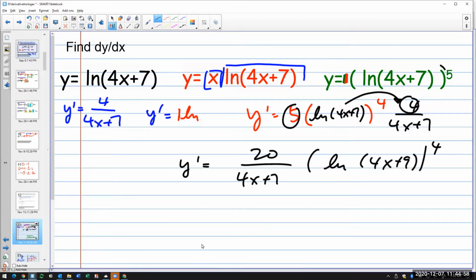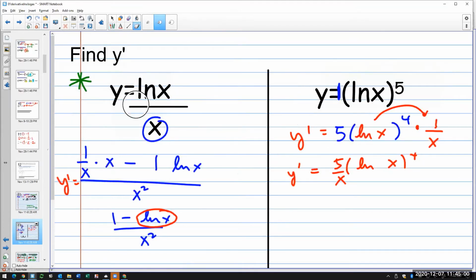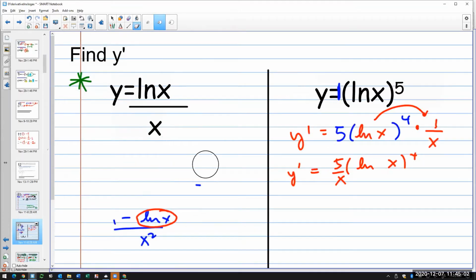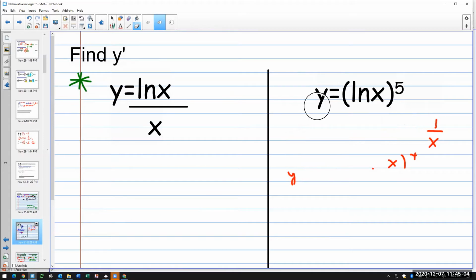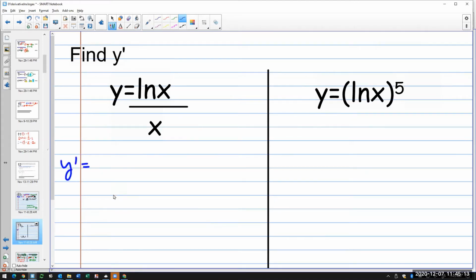All right, so we're going to have to implement chain rule, product rule, and guess what rule this one is? Quotient rule. Okay, I'll do this one with you, then I'm going to ask you to do the second one. This one here is quotient rule. If I wanted to find y prime, it would be the derivative of the top, isn't that 1 over x, times the second.